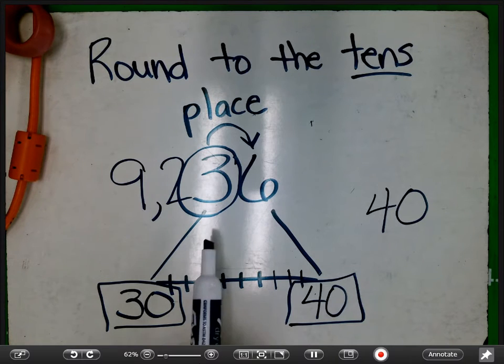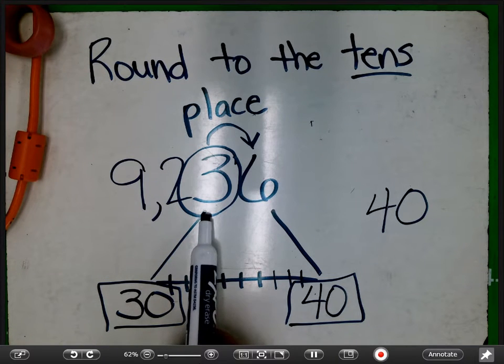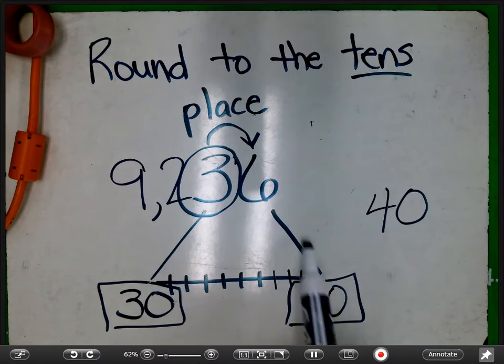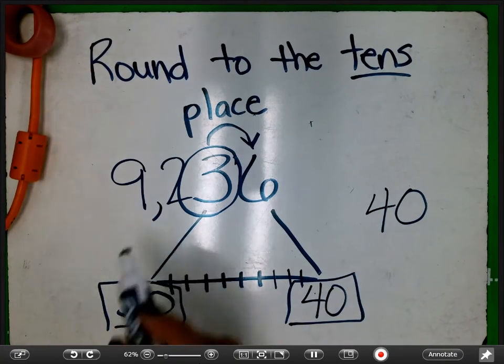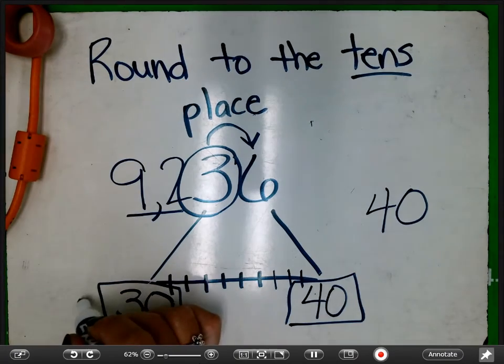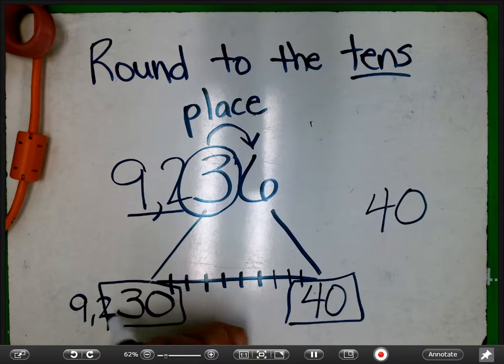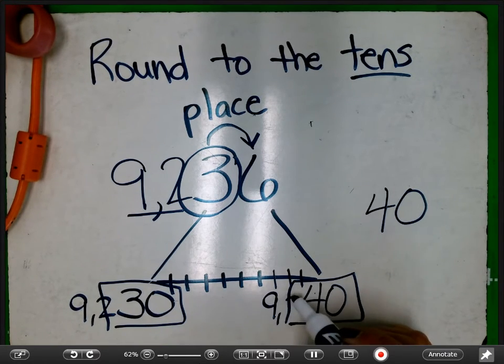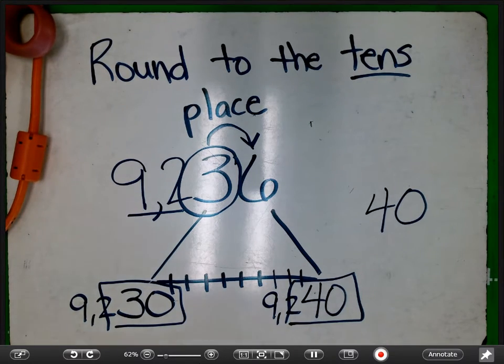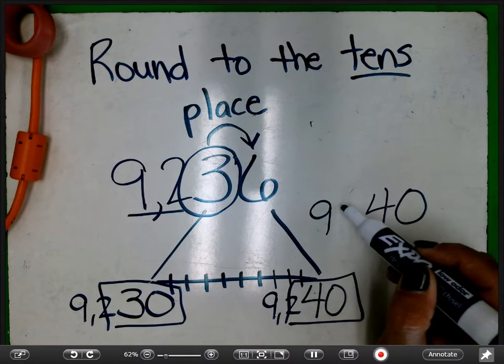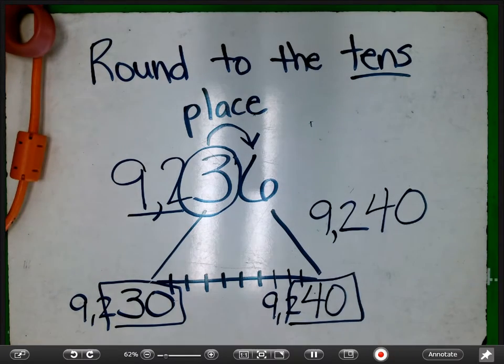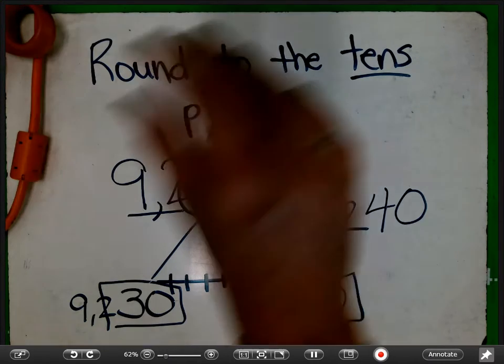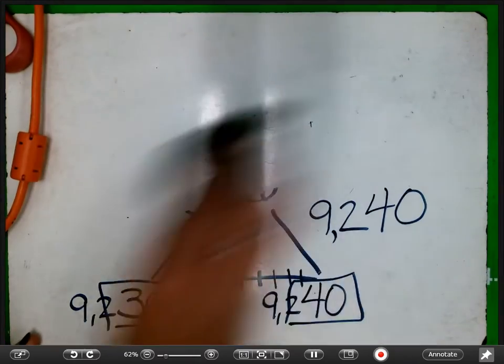So guys, this is the exact same thing. I'm still going to say it might be 30 or 40, but guess what I do? I just put these numbers on the beginning. So then the answer becomes 9,240. Good job.